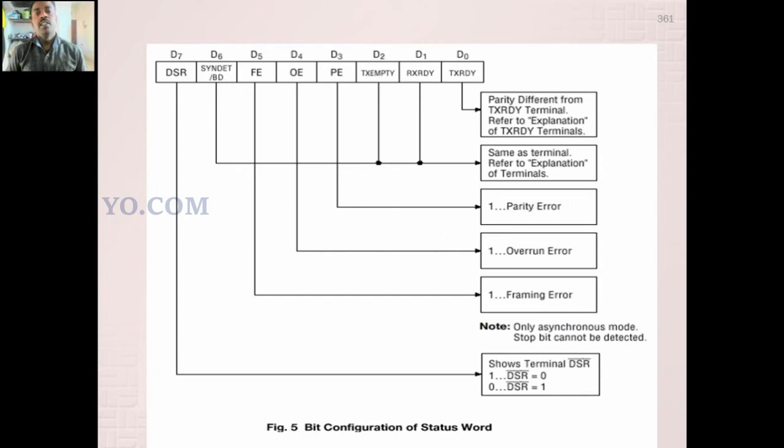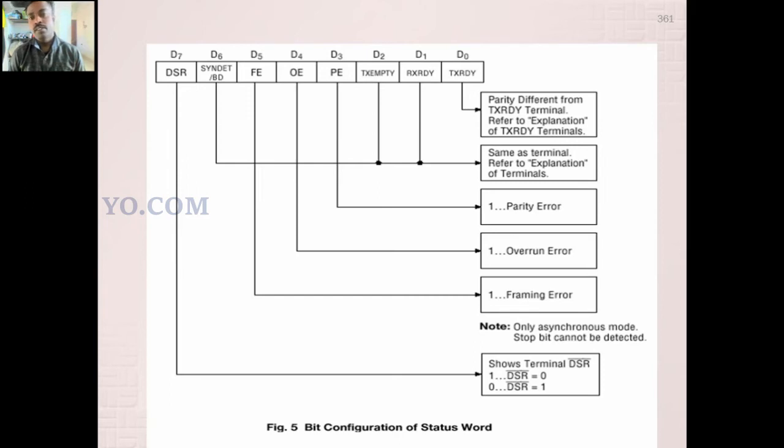These 8 bits indicate the different statuses of the 8251 serial transmitter. First one is TxRDY, transmit ready. When it is 1, it is different from the TxRDY terminal; refer to the explanation of the TxRDY terminal. We have already studied transmit ready.